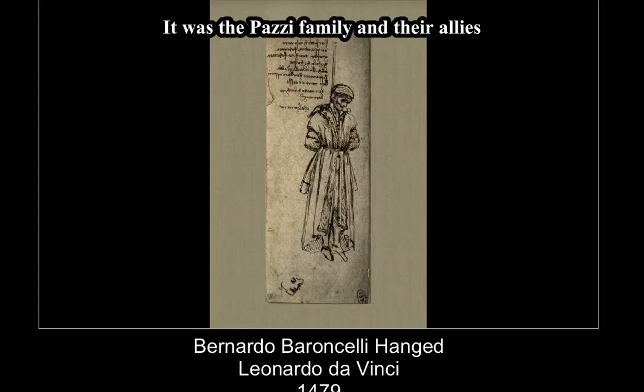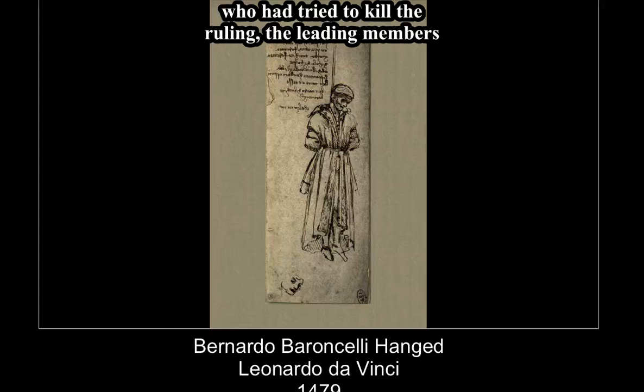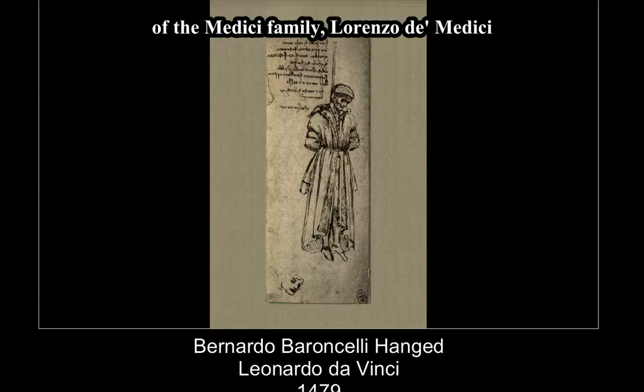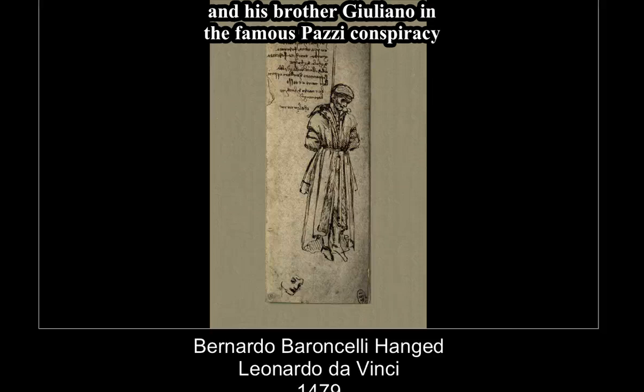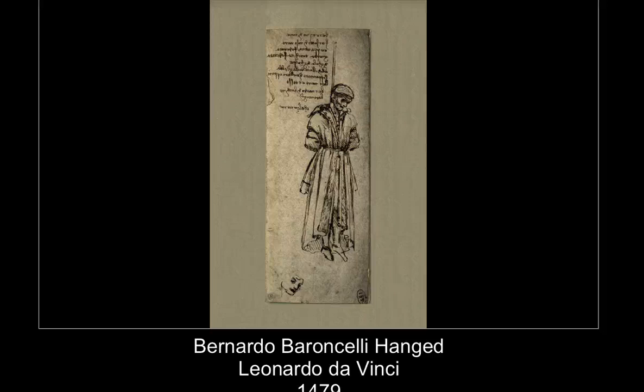It was the Pazzi family and their allies who had tried to kill the leading members of the Medici family, Lorenzo de' Medici and his brother Giuliano, in the famous Pazzi conspiracy that happened in 1479.